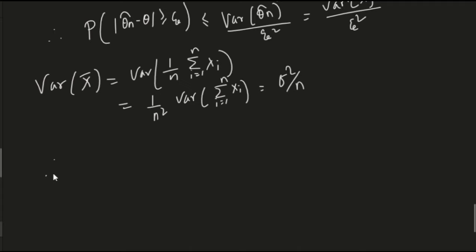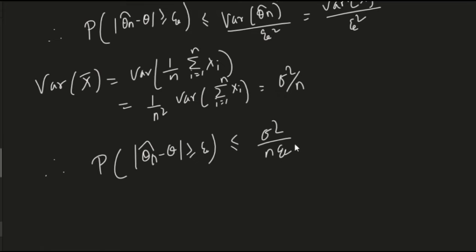Therefore the probability that theta n cap minus theta is greater than or equal to epsilon is less than or equal to sigma squared by n epsilon squared.